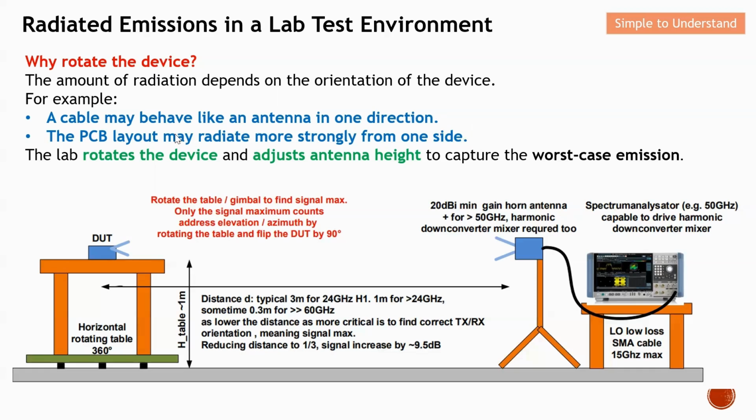Besides rotating the device, we also need to adjust the antenna height. As I mentioned earlier on, we need to adjust the antenna height from 1 meter to 4 meters. So in short, we want to find the combination of the rotation angle and the height that is able to capture the worst case emission by your DUT.